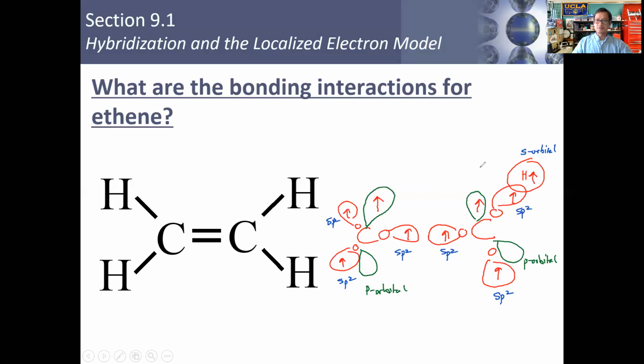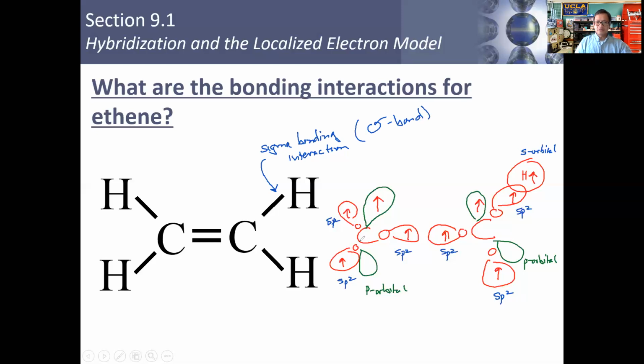This interaction here is a sigma bonding interaction. We already saw that. Sigma bonding interaction, which we just refer to as a sigma bond, with the Greek letter sigma indicating the interaction there. And that holds true for the hydrogen here, here, and here.